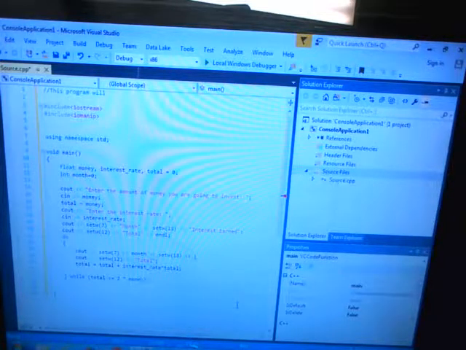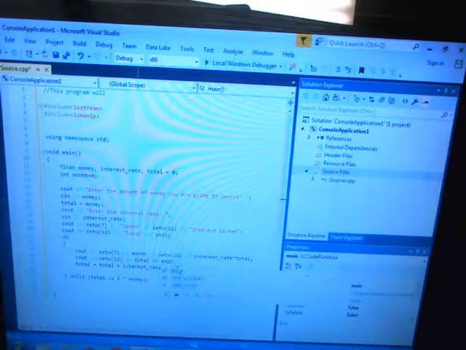I don't need a variable for it. Total times total would be... So you're saying I want interest rate times total? That's my interest earned each month. And then here, I don't want the word total, I want the variable total. And then I better enlarge.